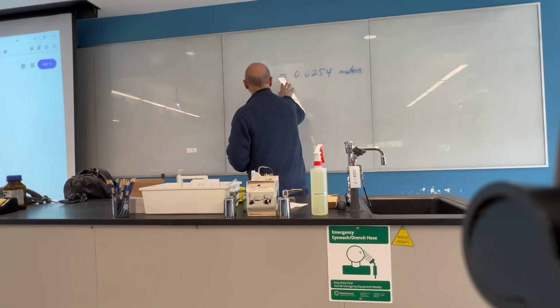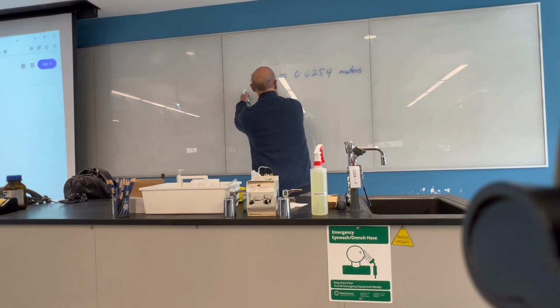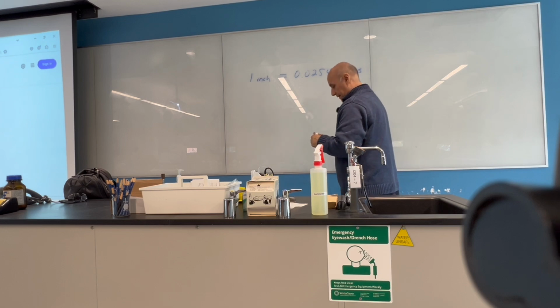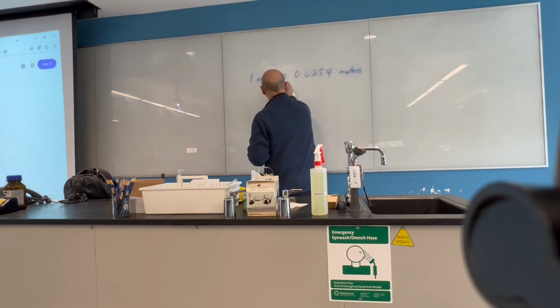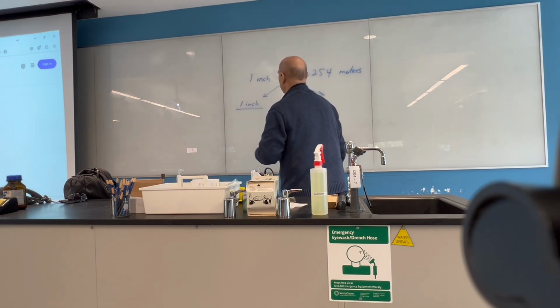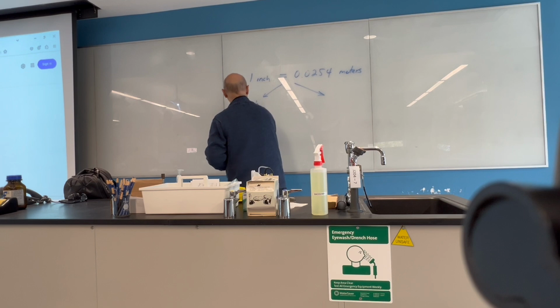Now, this tells me that the distance of 1 inch is exactly the same as 0.0254 meters. So if I rewrite this in 2 different ways, I'm going to ask you a question. If I put this now, instead of as an equality, as a proportion, a ratio, if you will, 1 inch divided by 0.0254 meters.